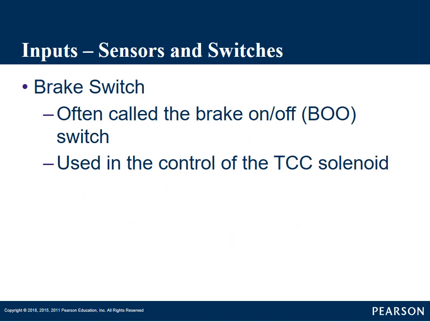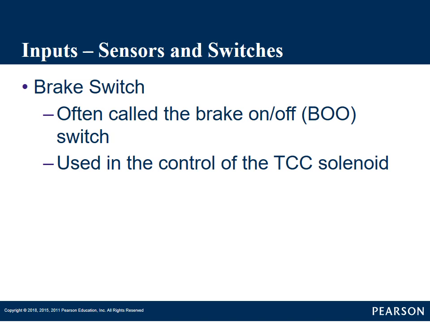Our last input is our brake switch. Remember from our acronyms, the BOO, brake on and off switch. For a transmission, the primary use of this is to control the lockup of the TCC.